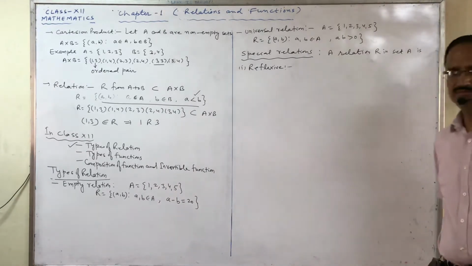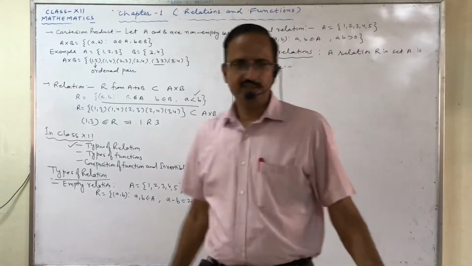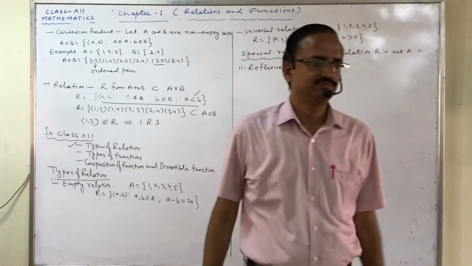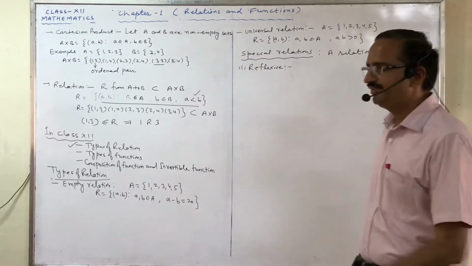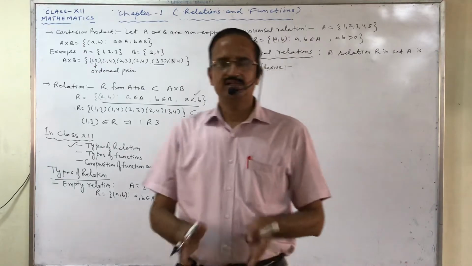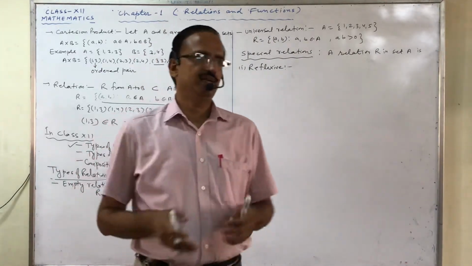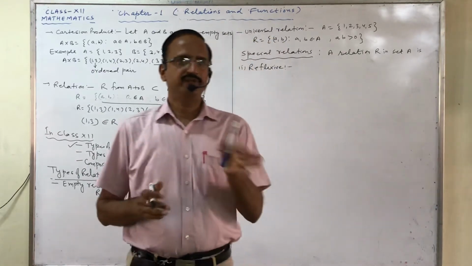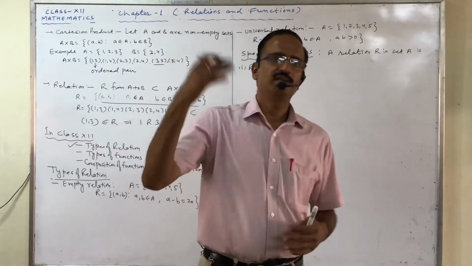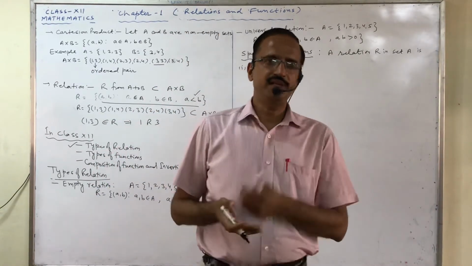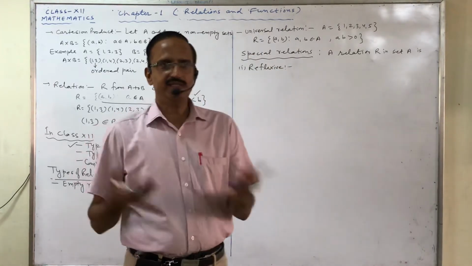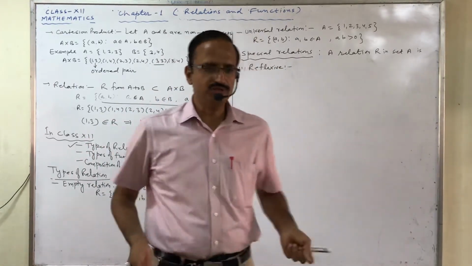From the name itself, it is clear that this is related to reflection. As we have seen, the reflection is directly proportional to the object. If the object is shorter, the reflection is short. If the object is longer, then the reflection is long. Means as the object changes, the reflection also changes.